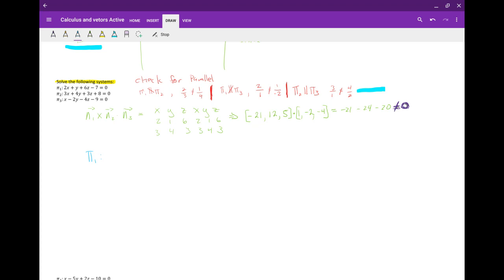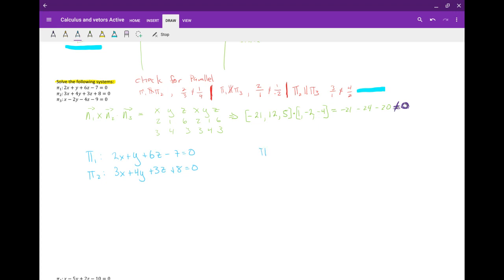So it's going to be 2x plus y plus 6z minus 7 equals 0. I'm going to take plane 2, write it down, which is 3x plus 4y plus 3z plus 8 equals 0.